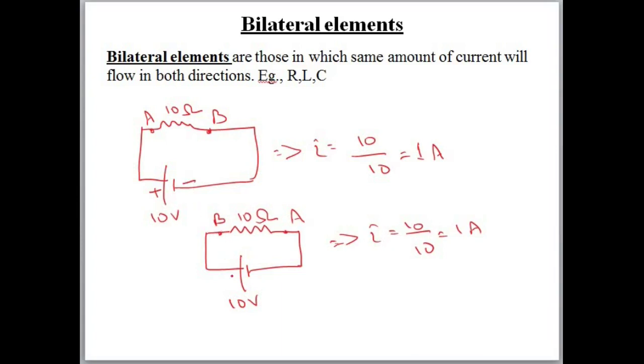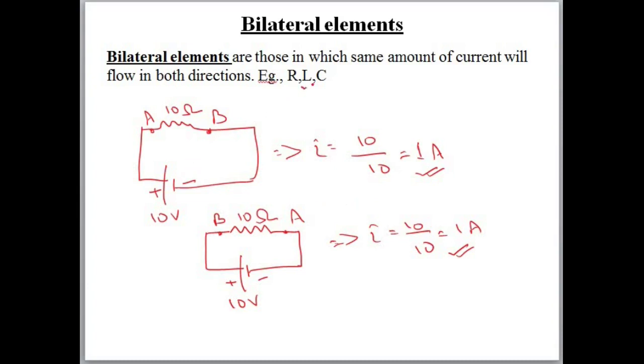In this case, B is connected to positive and A is connected to negative. Still the amount of current is the same. So when the voltage polarity is reversed or the resistance polarity is reversed, still the current magnitude is the same. That's why these are called bilateral elements.